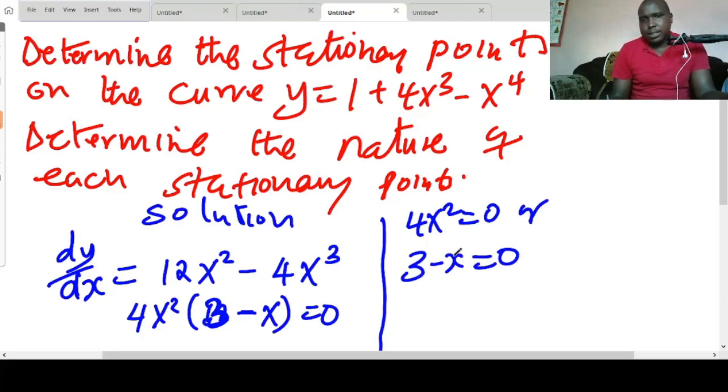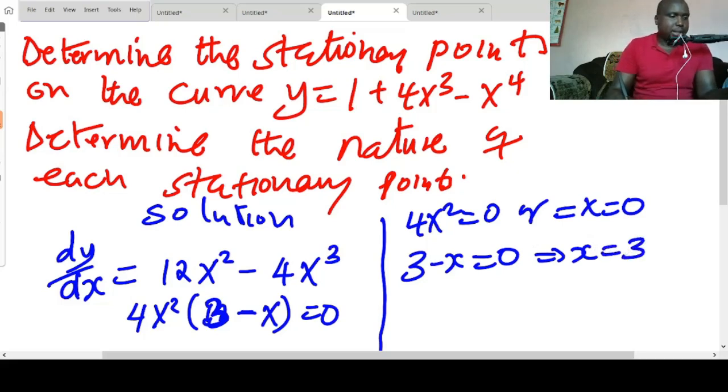And then it means here x is equal to 0, and here x is equal to 3. So these are the two values of x.